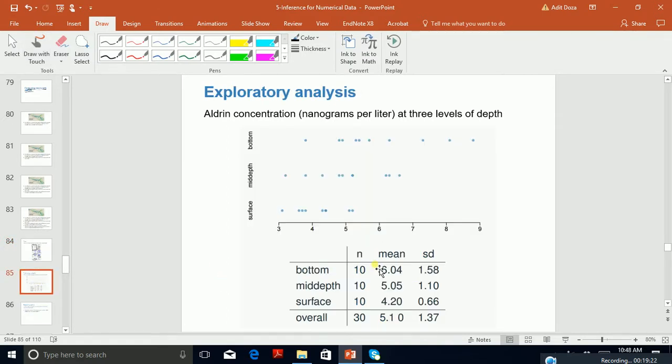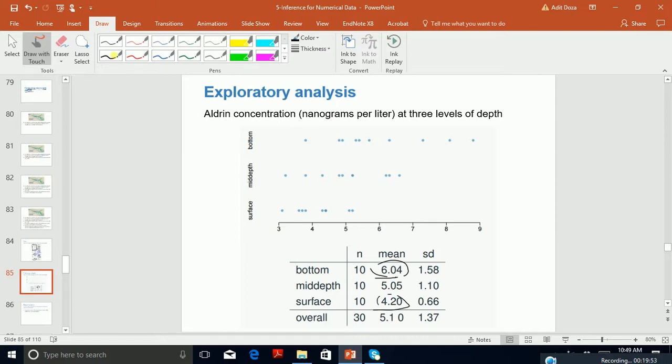So now what they did is they constructed the means. They collected samples from three different paths: one is the surface, one is the mid path, another is the bottom surface. If you see, the bottom surface mean value is higher, and it is expected because they are dense and tend to be found at the bottom of the river.